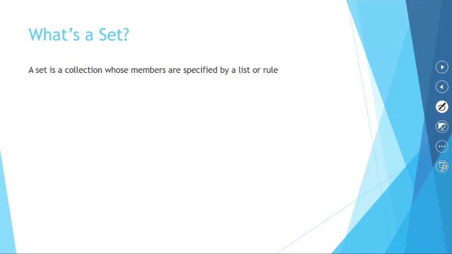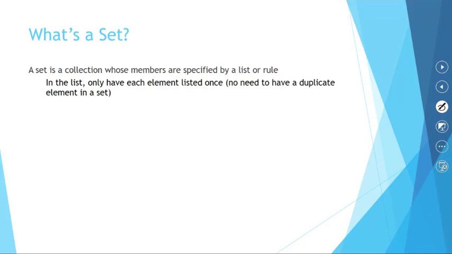So a set is a collection of numbers, a collection of people, a collection of something. If I wanted to say my students in 7th period are a set, I can do that too. That's a separate set. So that's kind of what a set is.